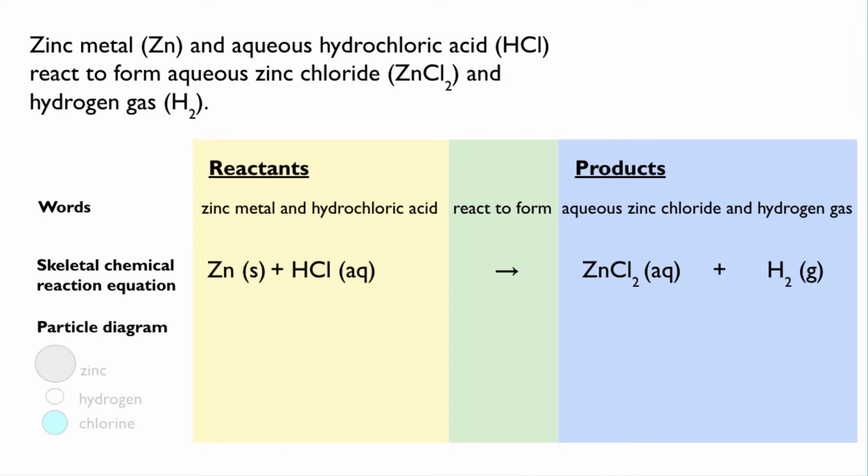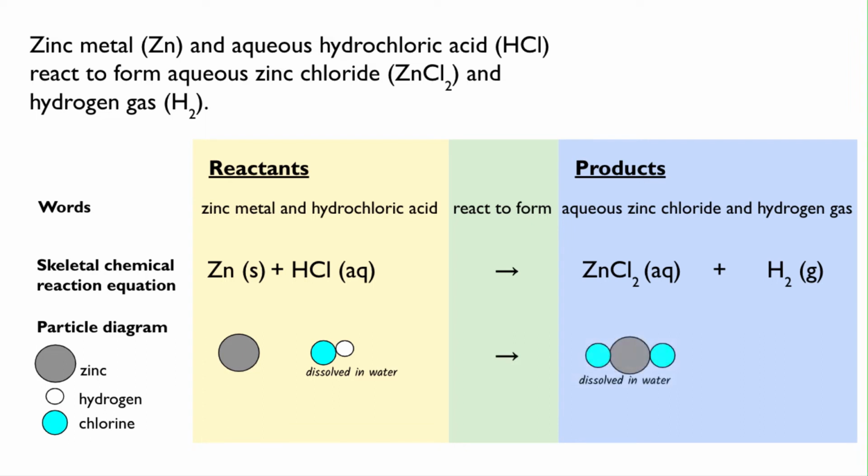And then finally, I give myself a little key to represent the various elements here, and I will sketch out my particle diagram following the reaction as it is written. So the number of atoms in each molecule or particle diagram depends on the subscript in the chemical formula.